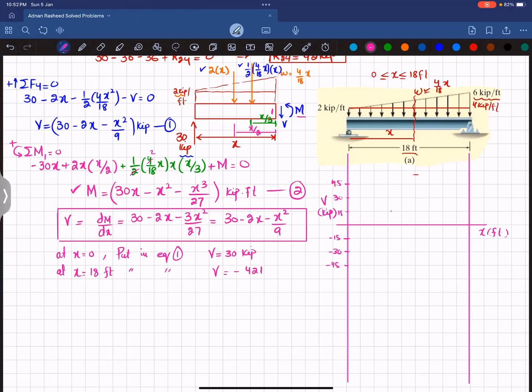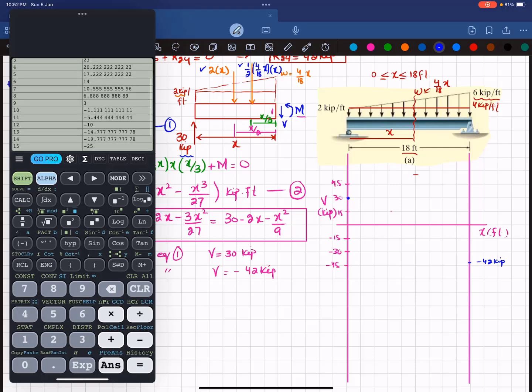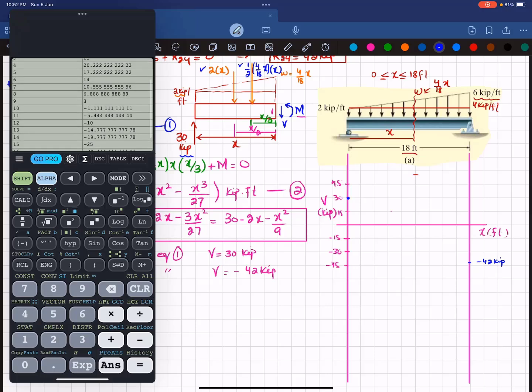For plotting, first we plot at x equal to 0, which is the first point, and at x equal to 18 we have minus 42 kips. Now we do not know what happens between these two points. We know that our shear force will be 0 somewhere between 9 and 10.